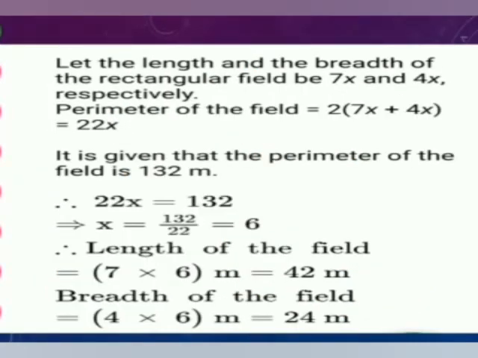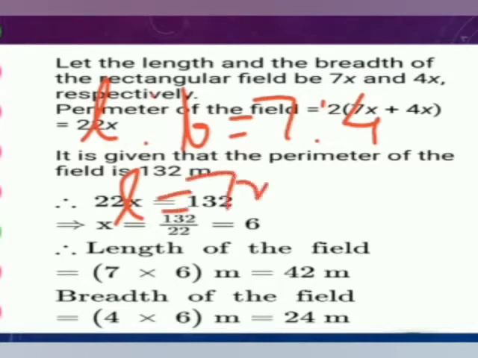Let us consider that, since it is given in the question that the ratio of the length and the breadth is 7:4, the length is equal to 7x and the breadth is equal to 4x. Now we'll calculate the perimeter.